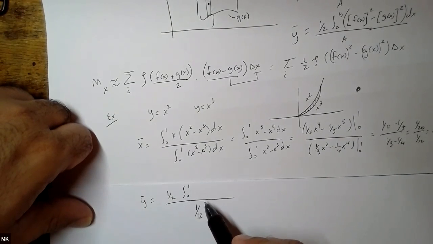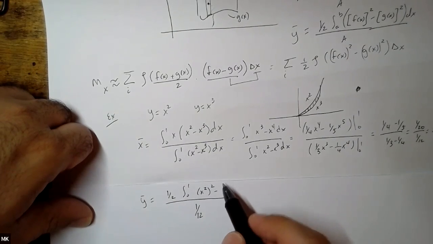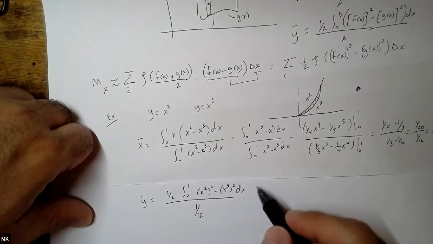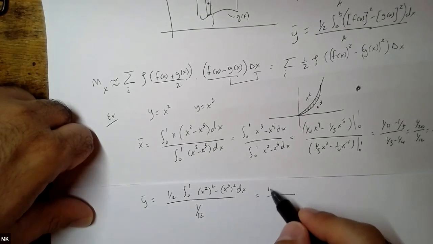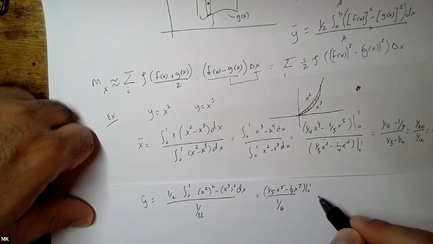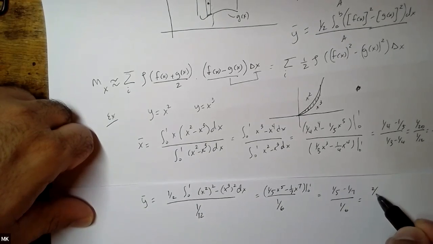So it's going to be 1/2 and 1/12 gives you 1/6 in the denominator. x to the 4 is 1/5 x to the 5th minus 1/7 x to the 7th from 0 to 1. 1/5 minus 1/7 is 2/35, over 1/6, which is 12/35.